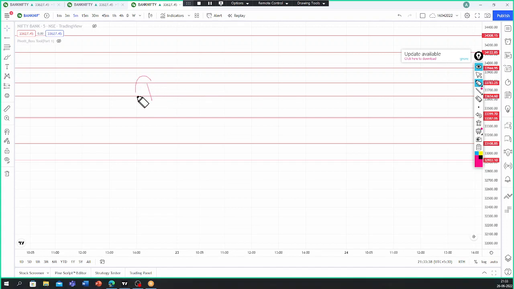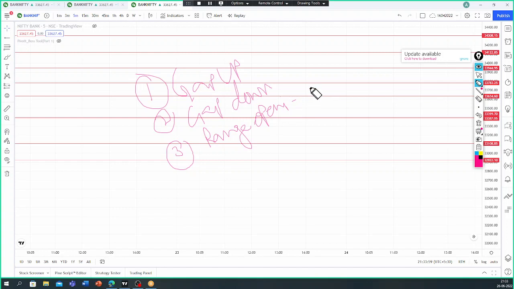One, you might have seen a gap up opening. Then we'll do a gap down opening scenario. Then we'll see a range opening. When we say range, that means your closing was here and it's opening somewhere in here.